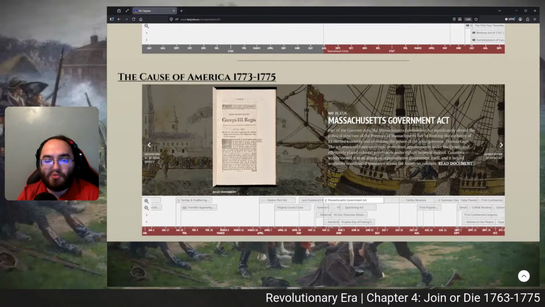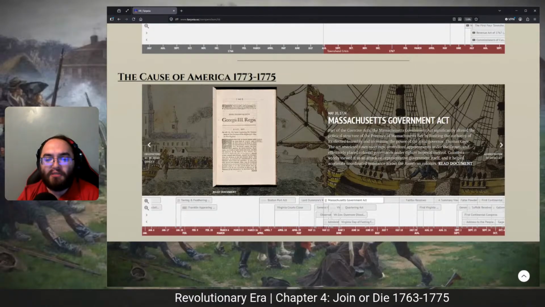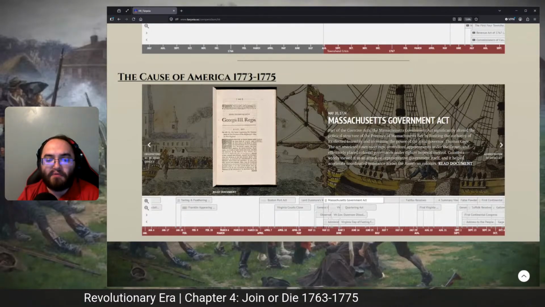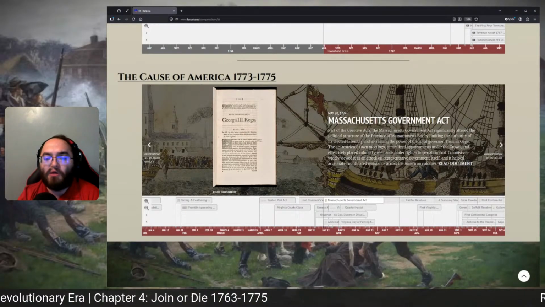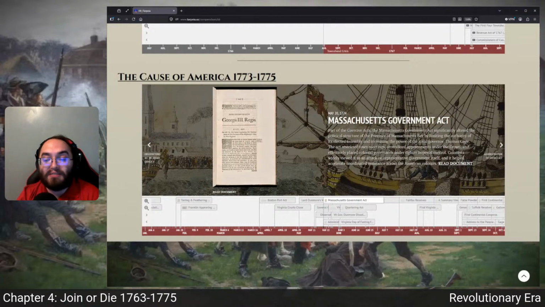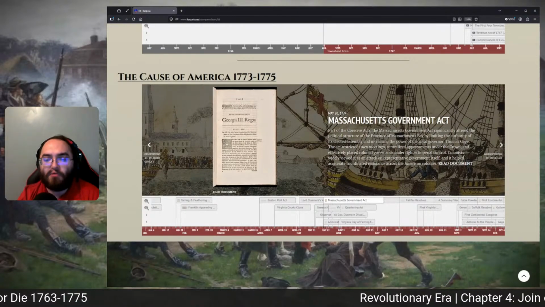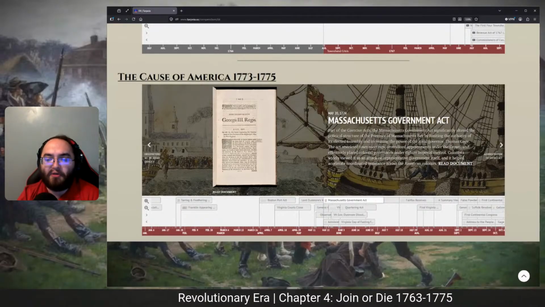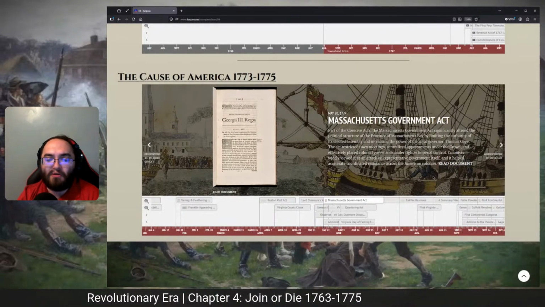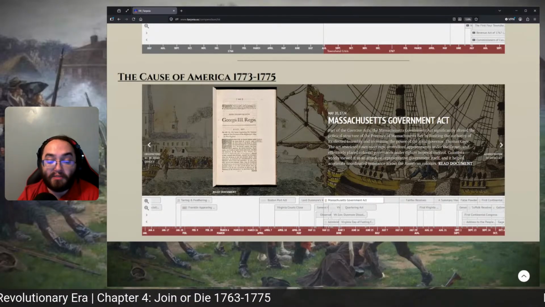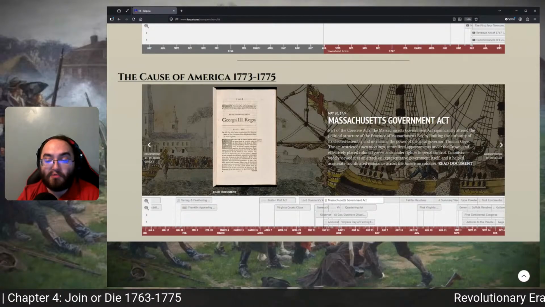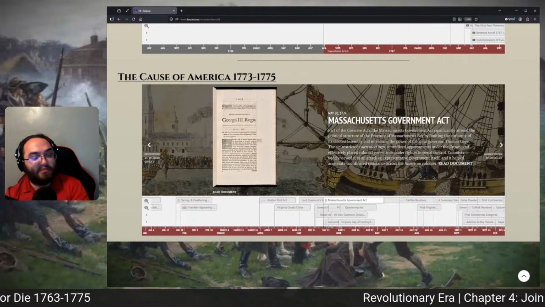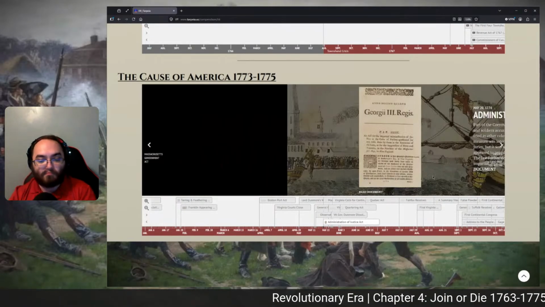The act restricted town meetings, centralized appointments under the crown, and effectively placed colonial governance under tighter imperial control. Colonists widely viewed it as an attack on representative government itself, and it helped accelerate coordinated resistance across the American colonies.